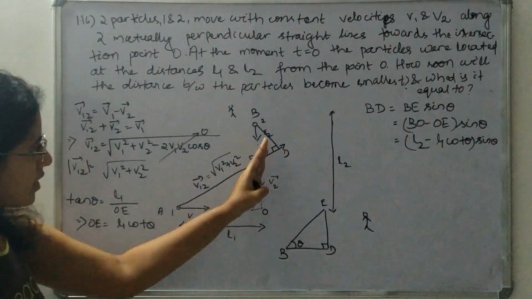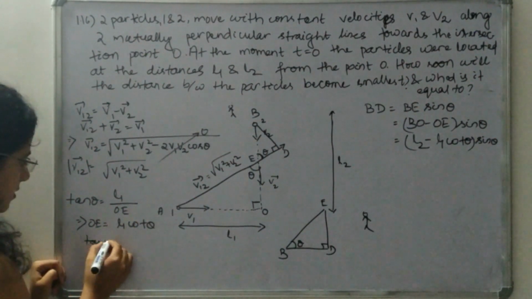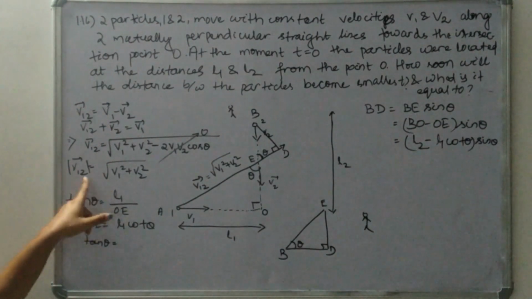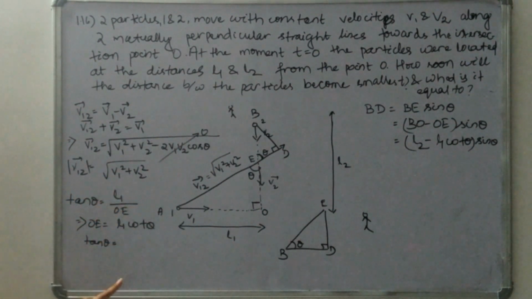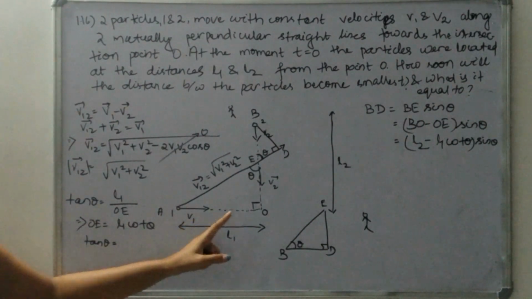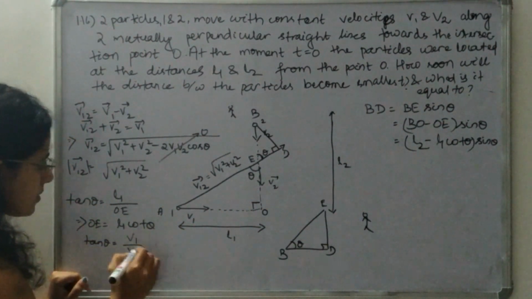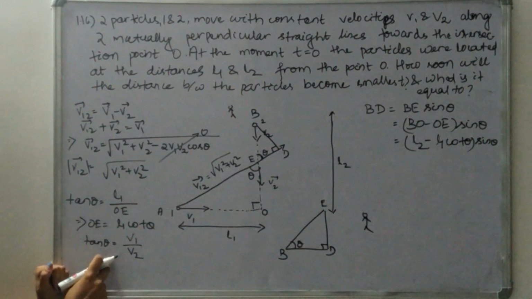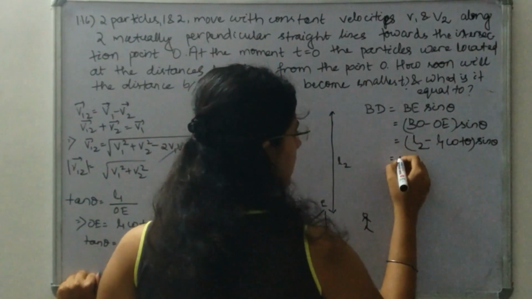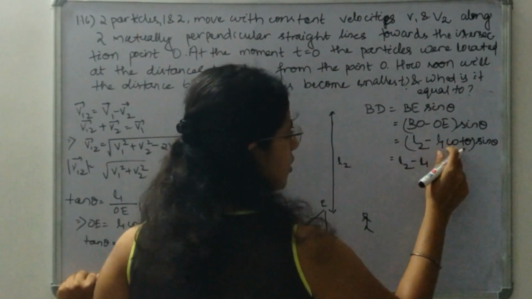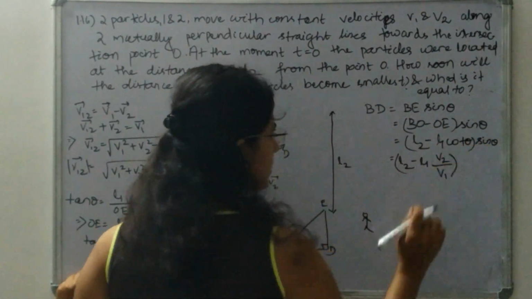So for this AOE right angle triangle, we can calculate tan theta. Here we have calculated the magnitude of V12 as the square root of V1 square plus V2 square. So tan theta is V1 vector divided by V2 vector, so V1 divided by V2. So cot theta is V2 divided by V1. So here, L2 minus L1 cot theta is L2 minus L1 V2 divided by V1, into sin theta.